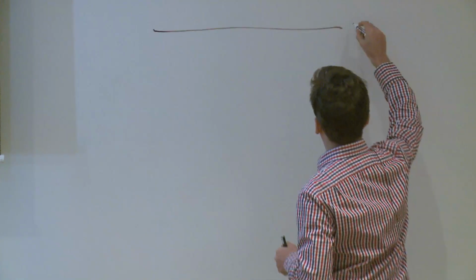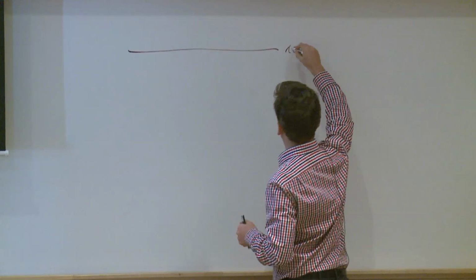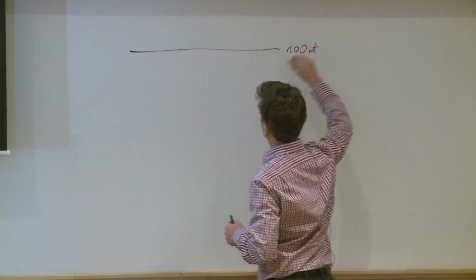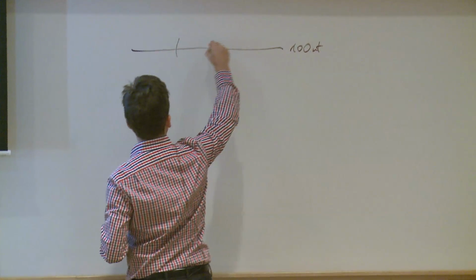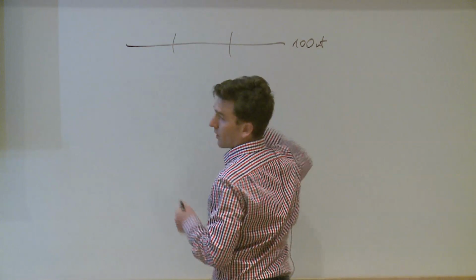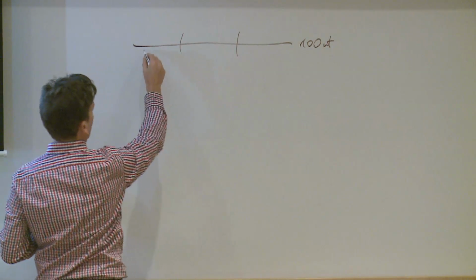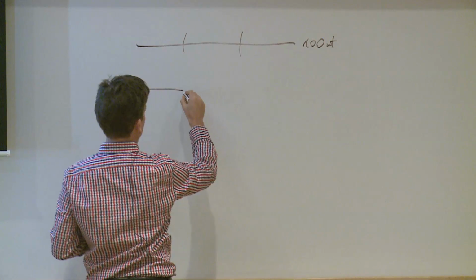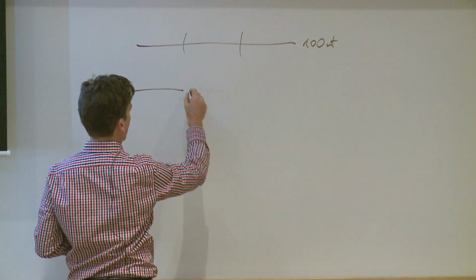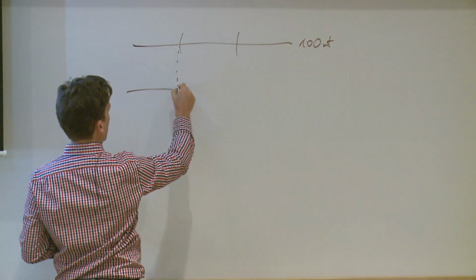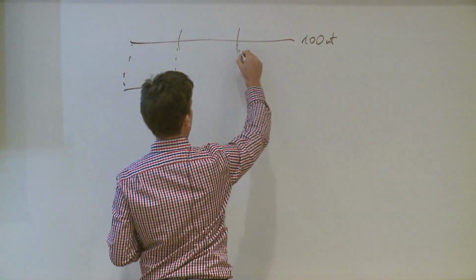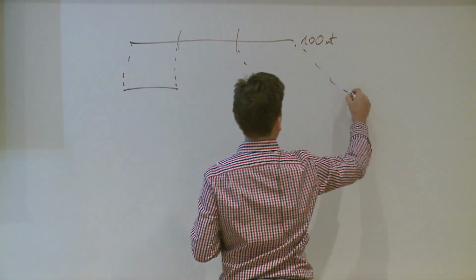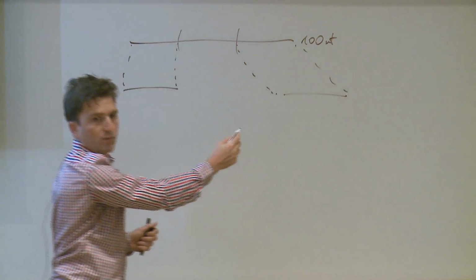So you have a 100 nucleotide read. You would split it into pieces, and if you can map that location to the genome, okay?